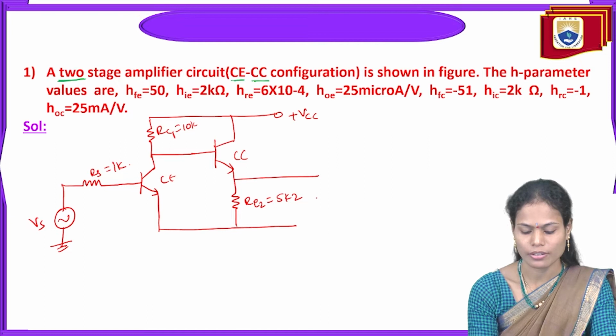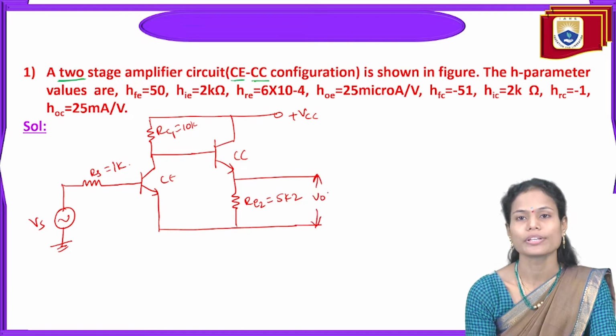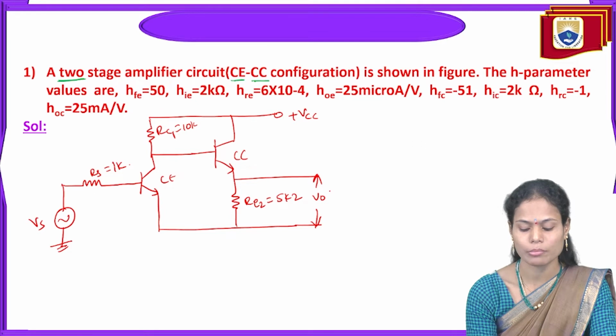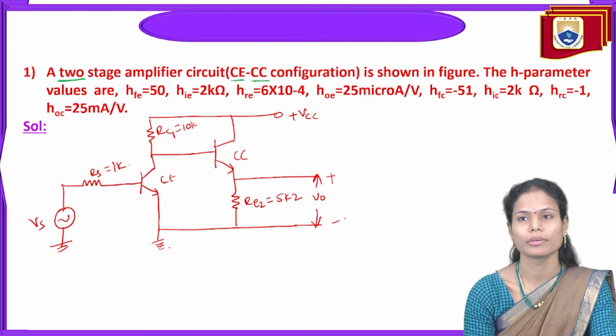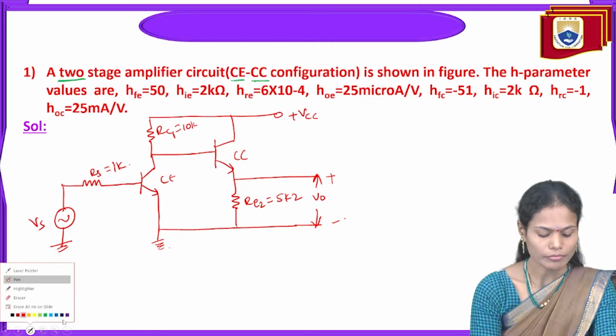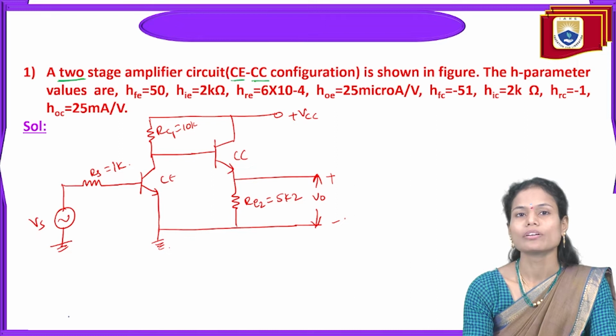Across the emitter of the second transistor, we are measuring the output voltage. Why? Because it is common collector. The collector terminal is common between the base and emitter, and across the emitter we are going to measure the output voltage here.